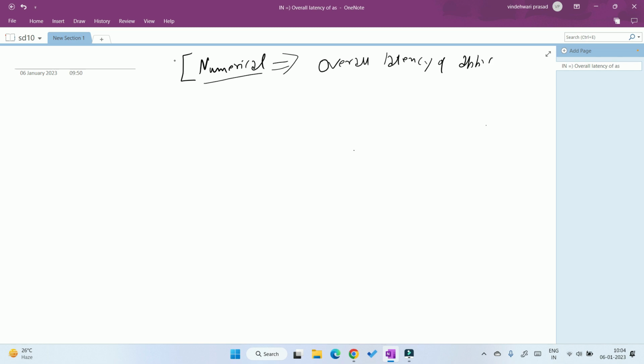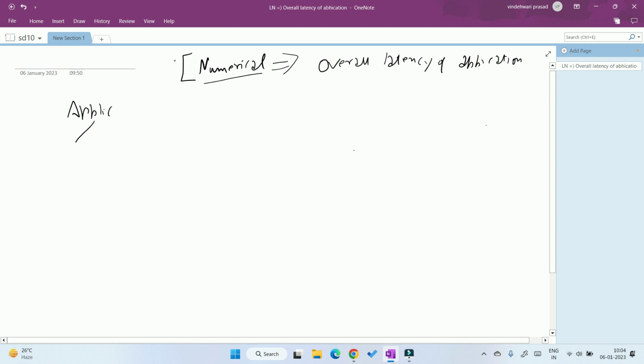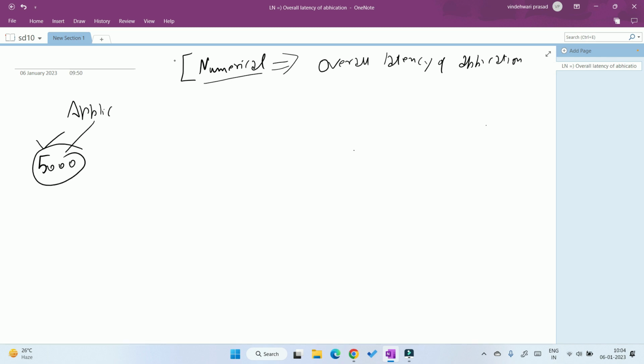Let us suppose that there is an application which has 5,000 requests on an average. This application gets 5,000 requests, and the application has a capacity to handle 5 requests simultaneously.